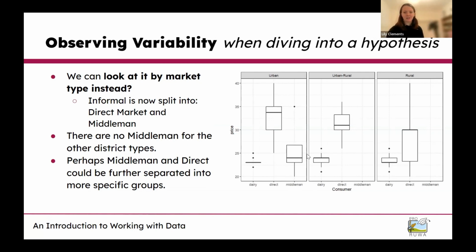We can see that the informal price for urban, those lower values were actually coming from the middleman price, and those higher values were coming from the direct price. That makes sense, because if you're going to sell to the middleman, they're presumably then going to sell on.